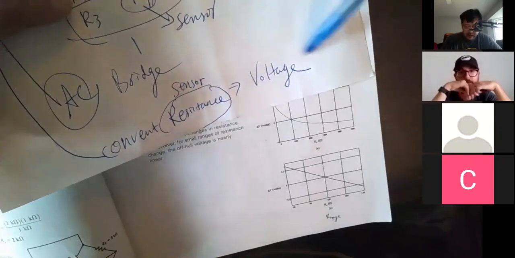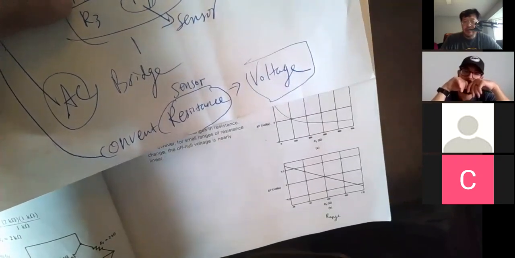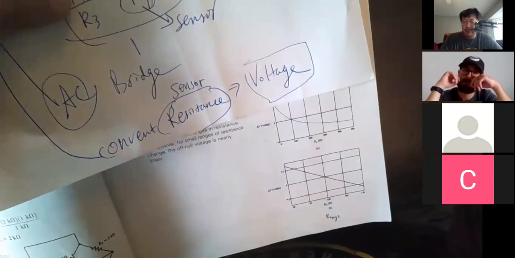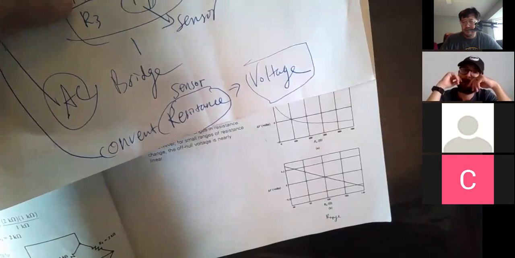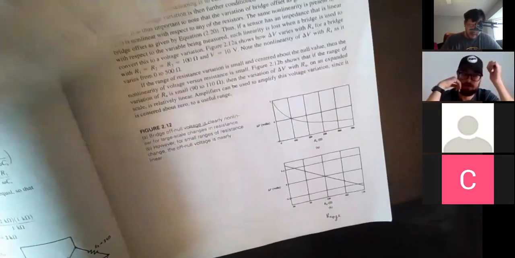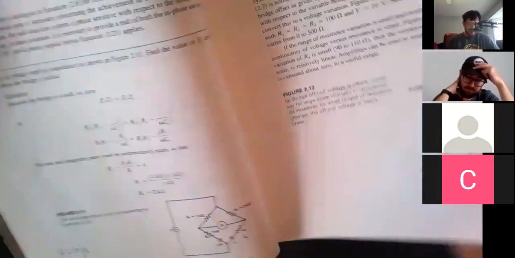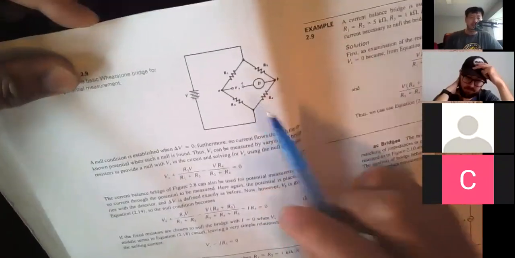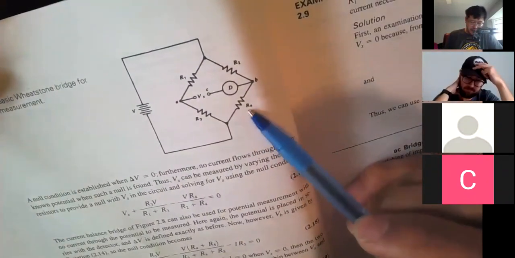And unfortunately, computers and electronics do not like variable resistance. They prefer a voltage signal or a current signal. So how do you convert a variable resistance to a voltage? That is done using a bridge like this, where this is the sensor.